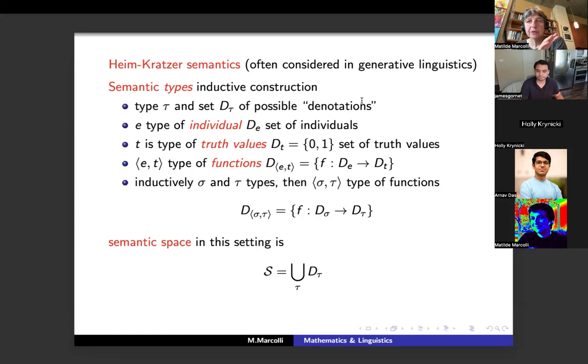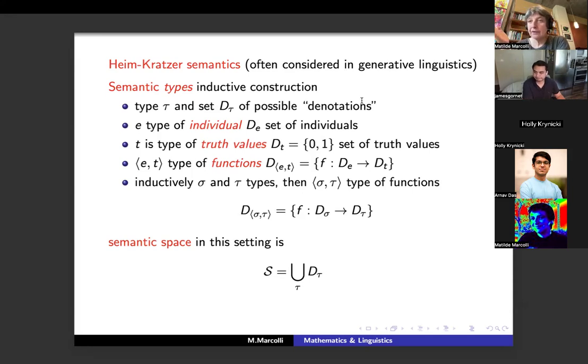Okay, so one starts with the type of individuals and a set, which are all the possible denotations of this type. So the idea is that there's a set of all things that are individuals. We can view it that way. The other basic type that they start with is indeed the truth values, 0 and 1, the type of truth values.